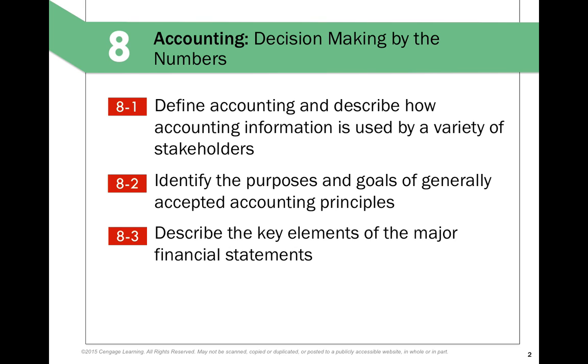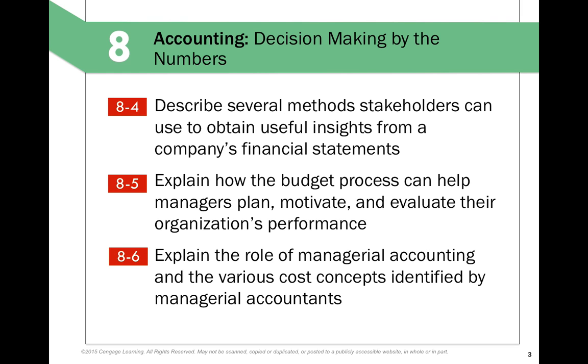We'll be identifying the purposes and goals of generally accepted accounting principles, describing the key elements of the major financial statements, describing several methods that stakeholders can use to obtain useful insights from a company's financial statements, explaining the budget process and how it helps managers plan, motivate, and evaluate their organization's performance, and finally, explaining the role of managerial accounting and the various cost concepts identified by managerial accountants.